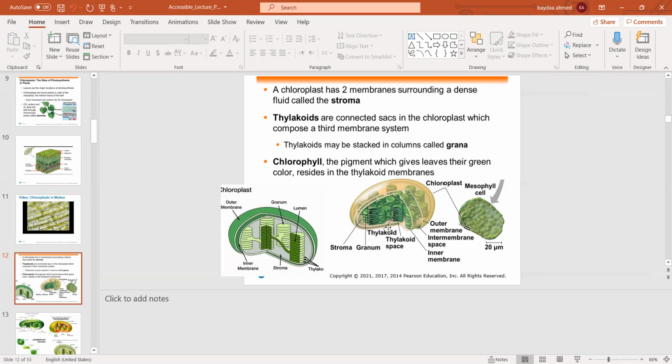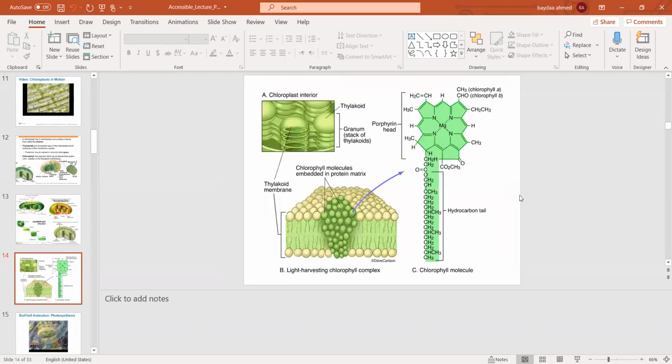In some places, thylakoid sacs are stacked in columns called grana. Chlorophyll, the green pigment that gives the leaves their color, resides in the thylakoid membrane of the chloroplast.